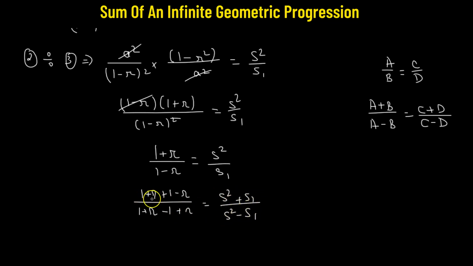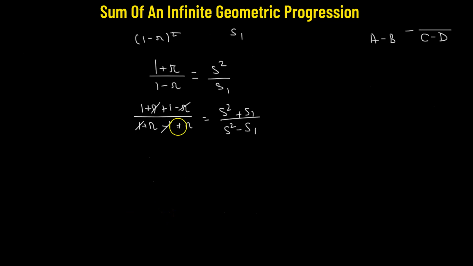In the numerator, R and negative R go away. In the denominator, 1 and negative 1 go away. So we're left with 2 divided by 2R, which is simply 1 over R.